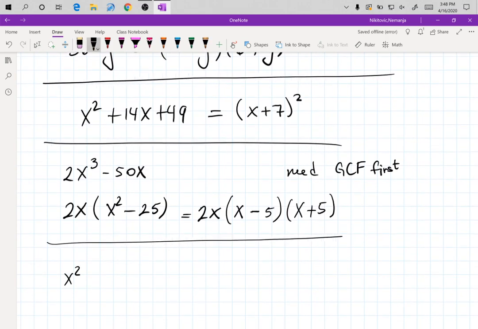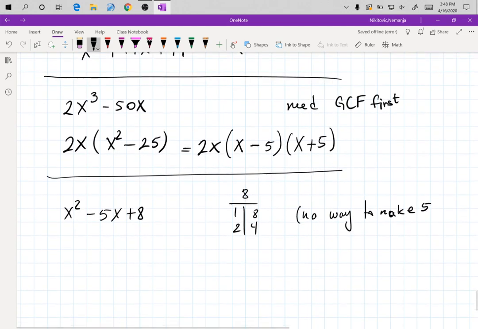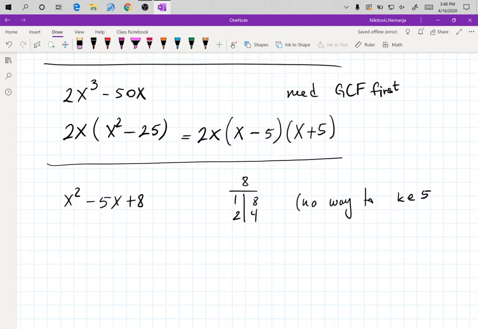x squared minus 5x plus 8. We immediately recognize that we have to write factors for 8, which is 1 and 8, 2 and 4. No way to make 5. No way to make b equals 5.